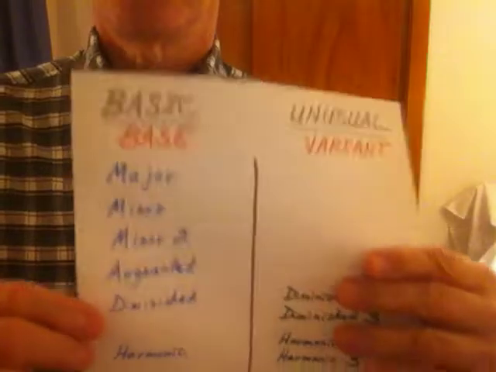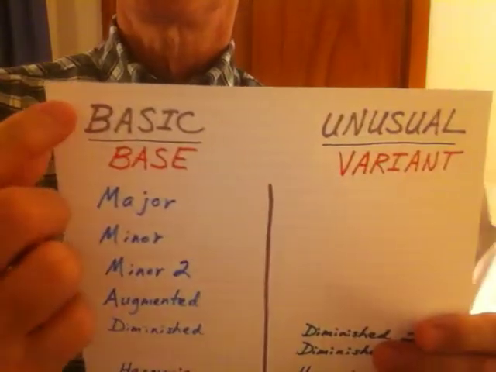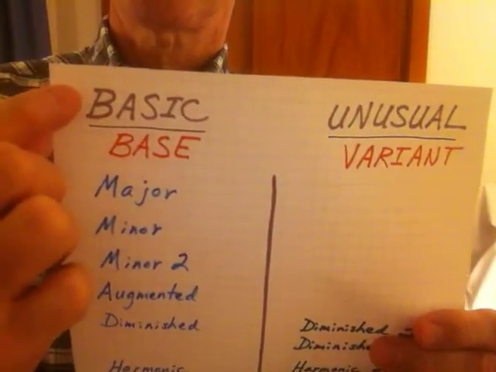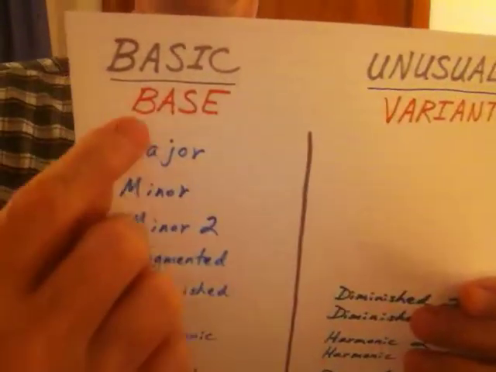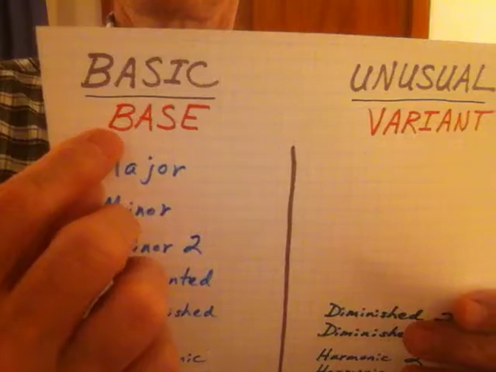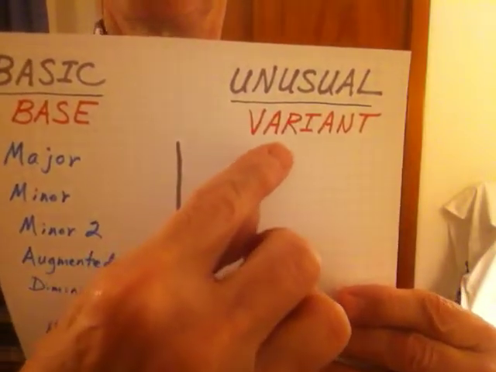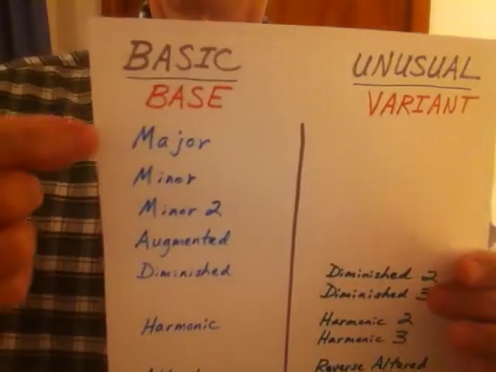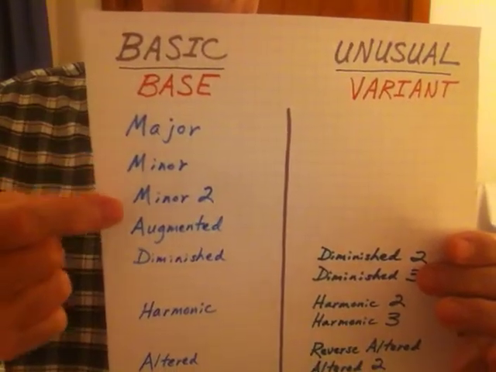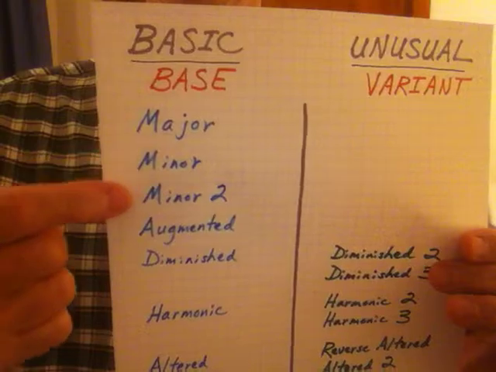Now, you can look at it this way. One last thing here. We used to call the 8 basic scale phrases basic, and then we called the weird ones unusual. But you could also refer to the basic as base scale phrases, and then the unusual as variant. So here's how they go together. Here are your basic ones, these 1, 2, 3, 4.